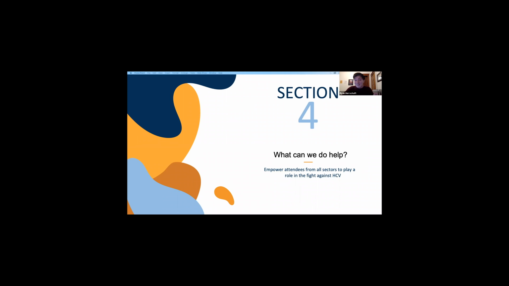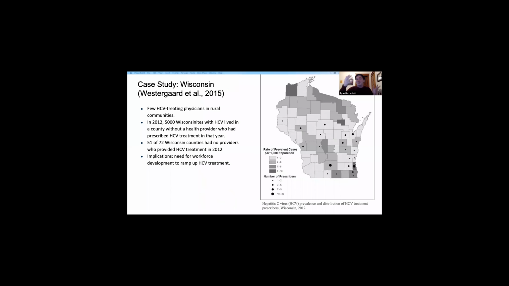So that brings us to, well, if it's possible, what can we do to help? Since we're in a more rural state, I thought, let's look at what problems other rural states are facing. This was a research paper that focused on Wisconsin back in 2012, right when those direct-acting antivirals were hitting the market.